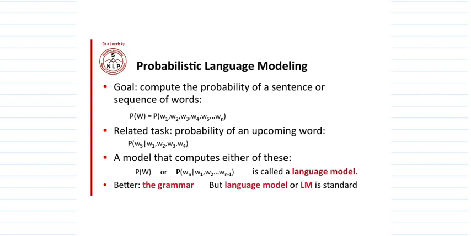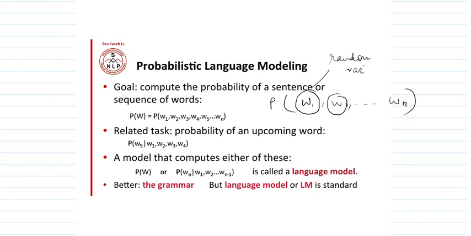If a sentence has n words, w1 w2 dot dot dot wn, the probability of the whole sentence will be the joint probability p of all of these separated by commas. We treat each word as an individual random variable, and then we can calculate the probability of all these.